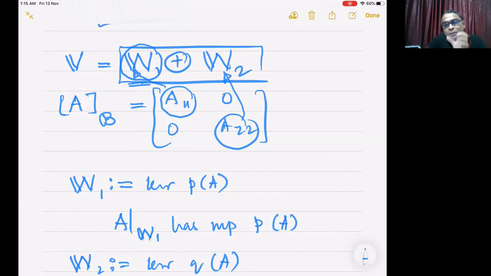So now if I look at that factor and factorize it further into two co-prime factors, I can further decompose W1 as a direct sum decomposition into A-restricted-to-W1 invariant subspaces. So here W1, W2 were invariant subspaces. Now I can have further invariant subspaces contained in them.